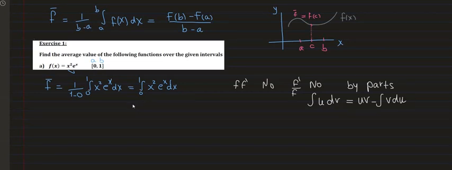So here, as we said, we will choose u as the function easy to differentiate, which is x squared, and we'll get the rest of the function as the dv, which is e to the power of x dx. And then we differentiate the u into u dash, 2x, and we integrate the v. So here we differentiate, and here we integrate. The integration of e to the power of x is e to the x, and its derivative is the same.